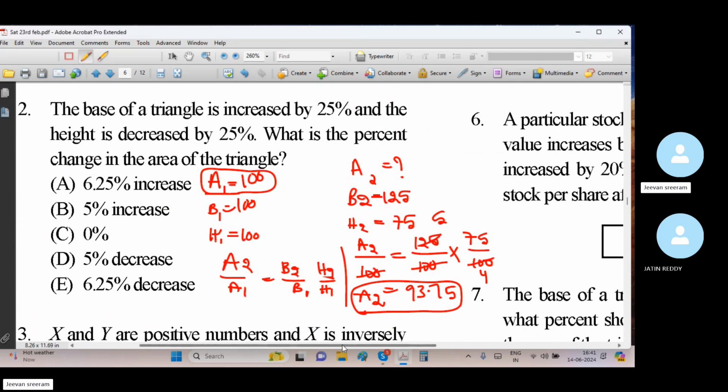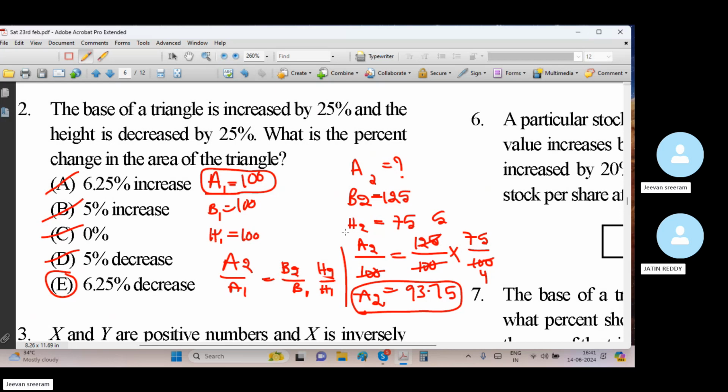How much has it decreased, buddy? One second, sir. 93.75 is A2. A1 is 100. Yes, sir. 6.25 decrease. Okay, sir.